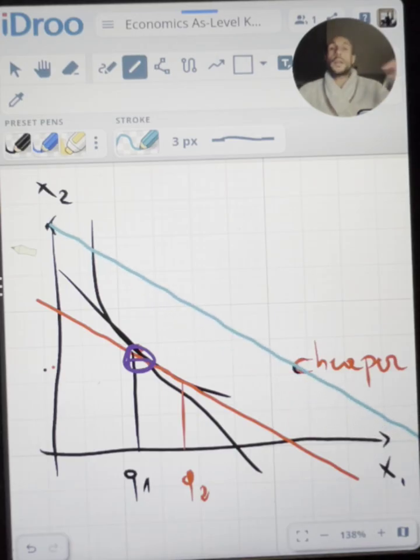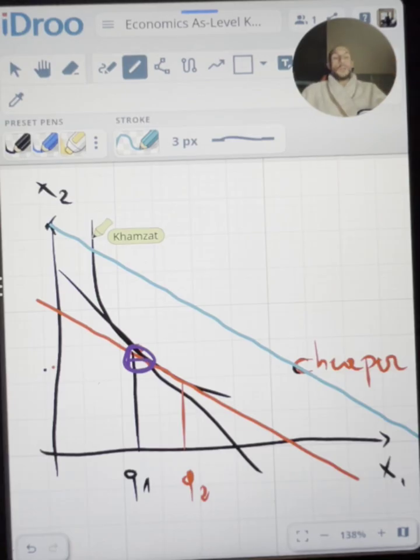And I am drawing it parallel because the slope of the line tells you about the price of good one, which is not changing, just your income is. Right, yeah. And where is the new quantity going to be in this case? Here?